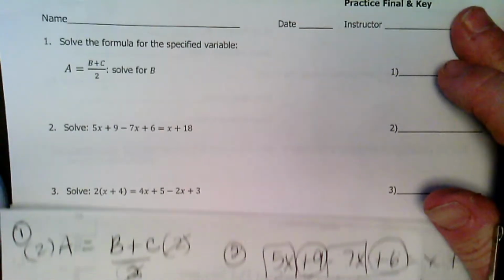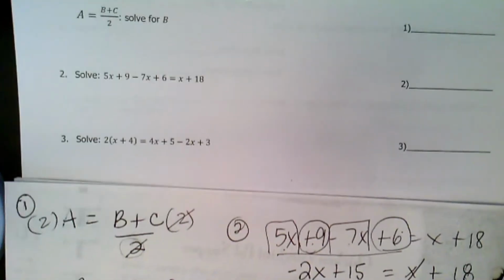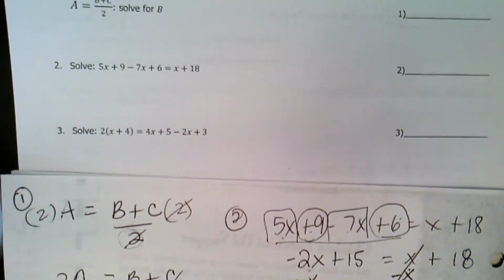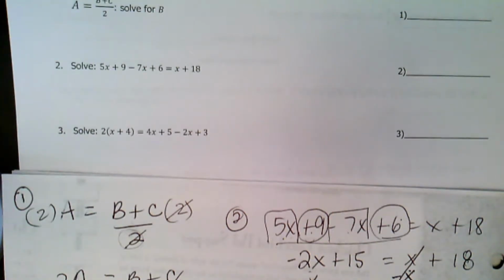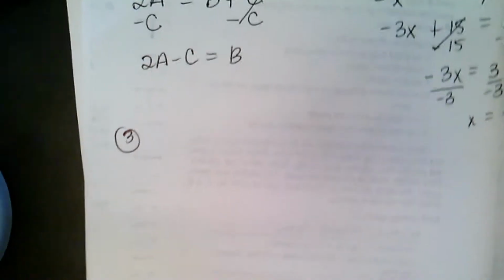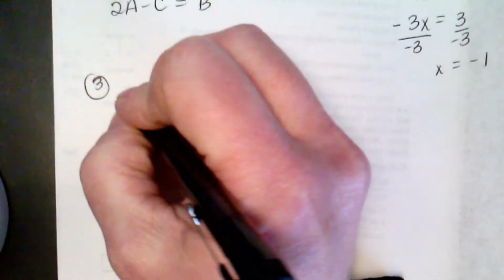Alright, number 3. It's a very similar equation, just includes parentheses this time. So solve 2 times the quantity x plus 4 equals 4x plus 5 minus 2x plus 3. So let me get this written.